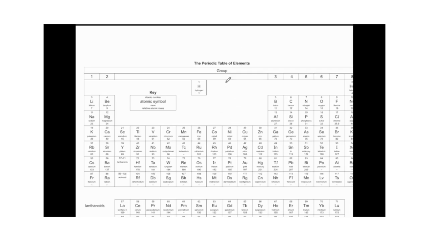As you can see, group is on this side, 1 to 8, 1 2 3 4 5 6 7 8, and these are your periods. 1, that's hydrogen here, 2 3 4 5 6 and 7. I hope you got it.